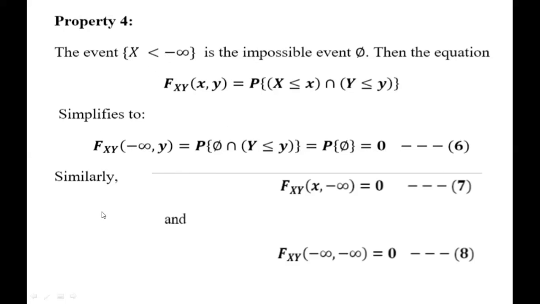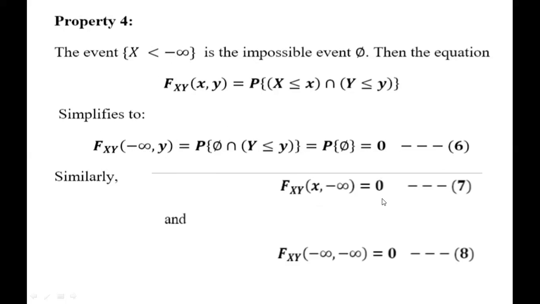Similarly, if your random variable Y is considered less than minus infinity, then the notation will be F_XY(x, minus infinity), which will also be equal to 0. That is, when one of the random variables happens to be an impossible event or null event, the CDF is always equal to 0. I'll repeat.